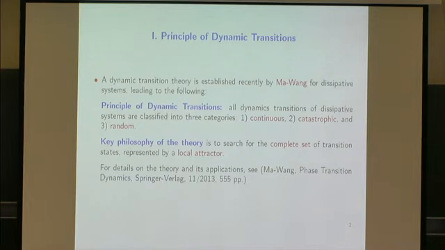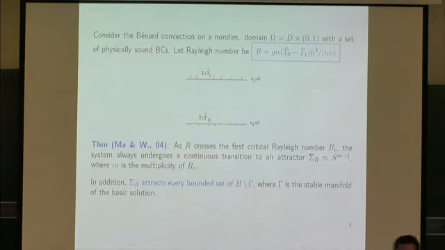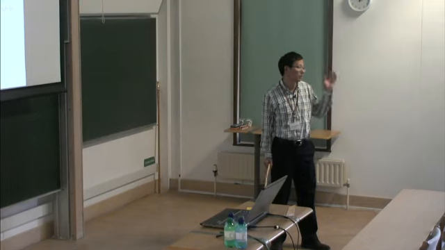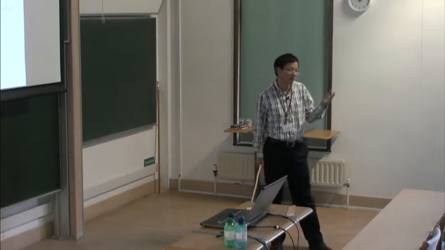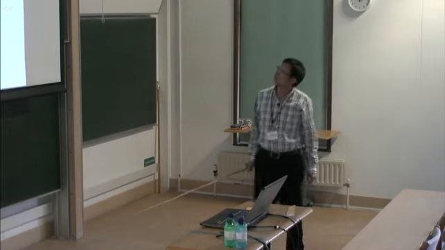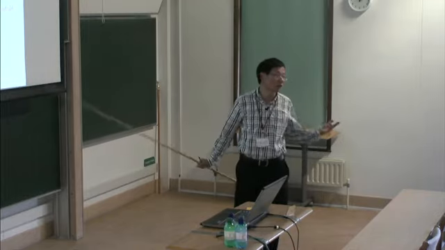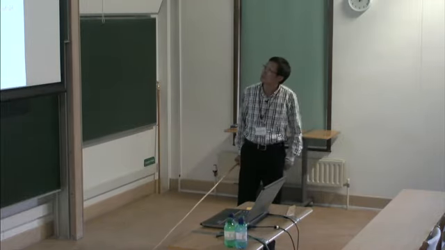Let me give you a first example, the classic example of Bénard convection. I don't want to write down the equations because they are the classical Boussinesq equations: the Navier-Stokes equation for velocity, coupled with the first law of thermodynamics, which is the diffusion equation for heat.